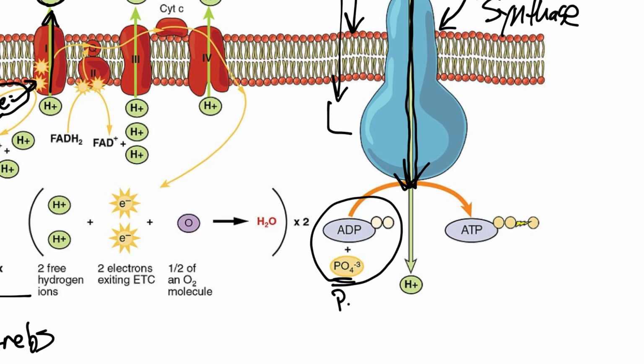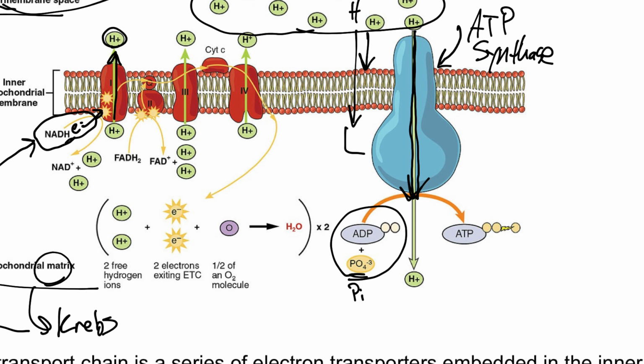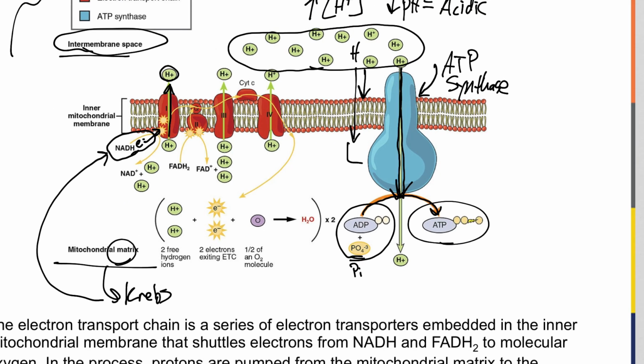This is that inorganic phosphate we saw earlier, and reattach them, right? It takes energy to do that. Phosphates don't just spontaneously reattach to ADP. And so we take the energy from our proton flow, use it to tack that third phosphate back on, make ATP, and that ATP is then going to go out to the cell and get used to release energy, right?